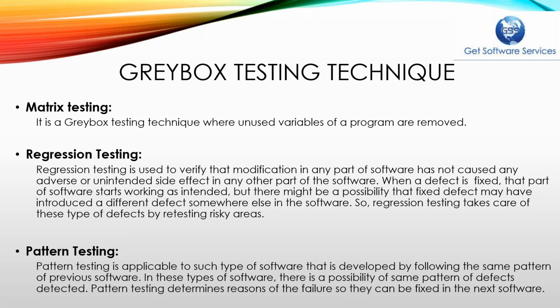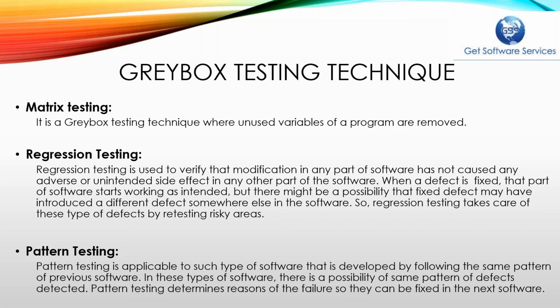The second testing technique is regression testing. Regression testing is a type of test that is done on the existing functionalities whenever there is a code change. When a developer adds new functionalities to the software, I need to make sure that the existing functionalities are working fine and not impacted by this new code change.